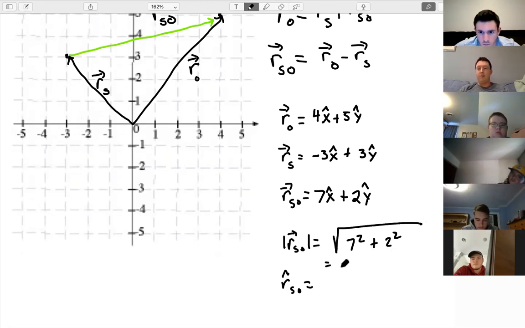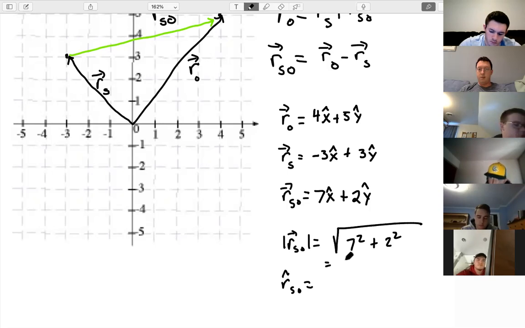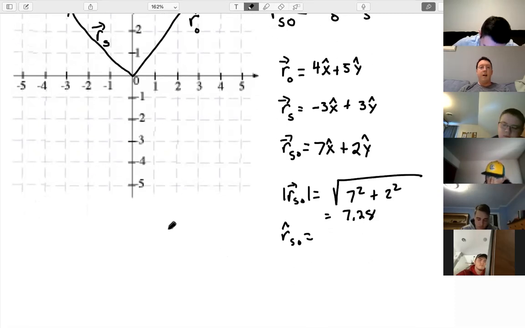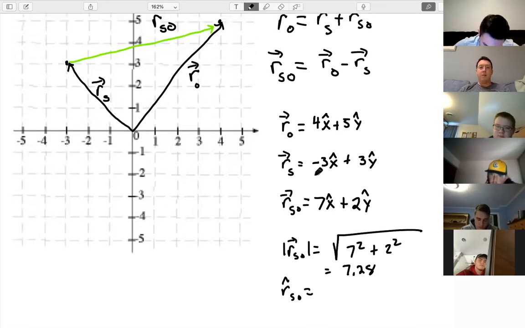It's just over 7, maybe 7.1. I don't have a calculator. Do you guys have a calculator there? It can't be much more than 7. 7.28. All right. 7.28.